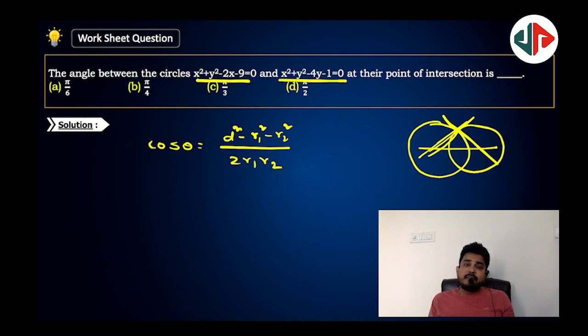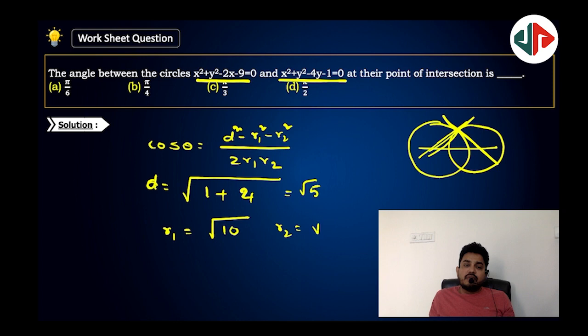Next, simply look here: d is equal to the square root of 1 minus 0, that is 1, plus 2 square, that is 4, so d equals root 5. R1 is equal to root over 10. R2 is equal to root over 5.